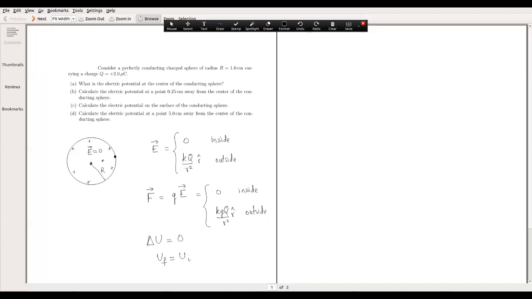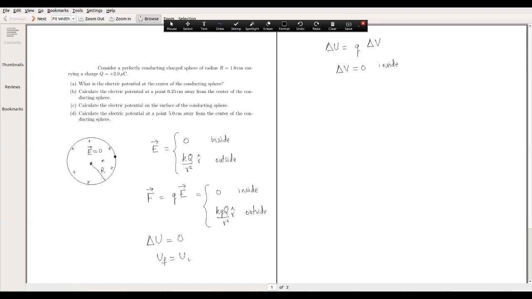So what we can say is the change in electric potential energy is the same as q times the change in electric potential. So if the change in potential energy is zero, you say the change in potential also is zero. So V is equal to zero change inside the sphere.